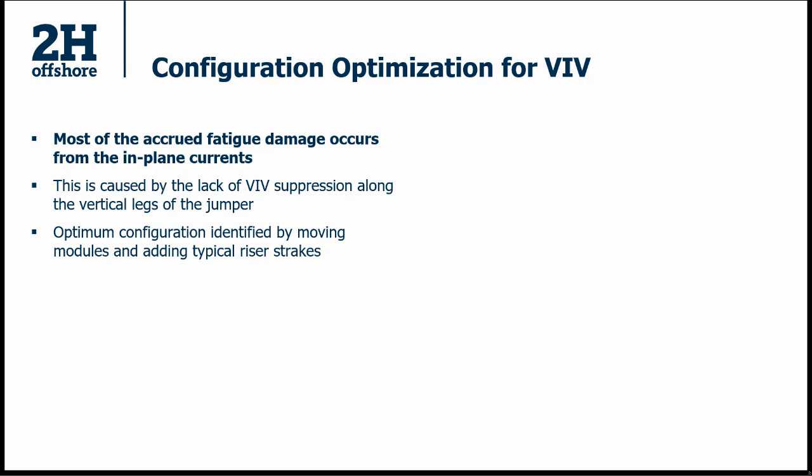Actually, the main reason for doing the optimization was that the project was quite far along on the schedule, and having to order extra buoyancy modules would have been a hit on schedule, and if not on the schedule, definitely on the cost of the project. So this optimization exercise really was to make the best use of the resources that we had and come up with an optimized design.